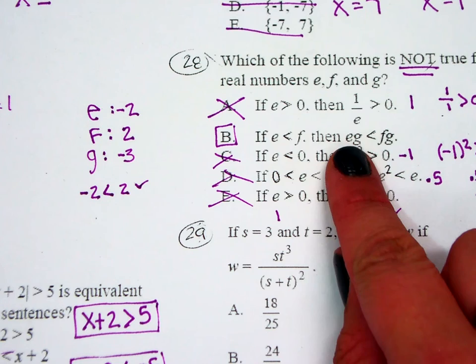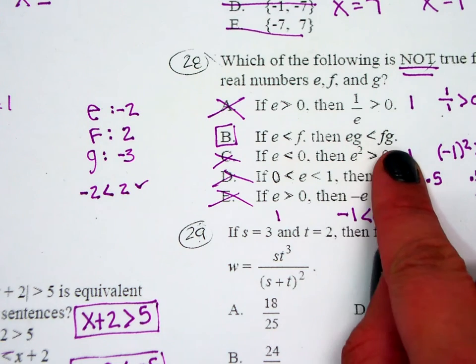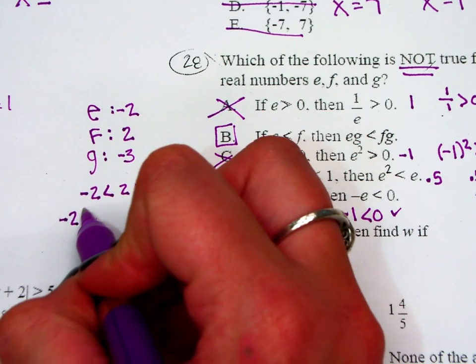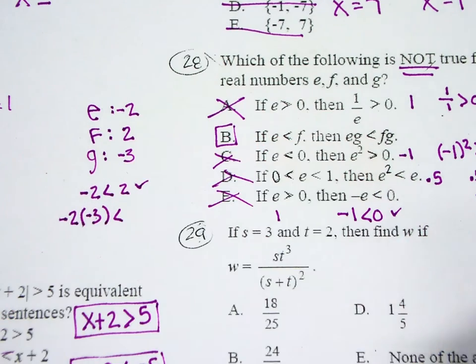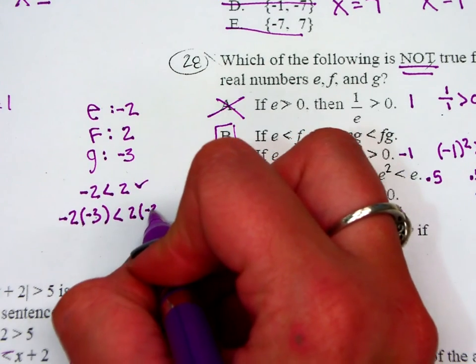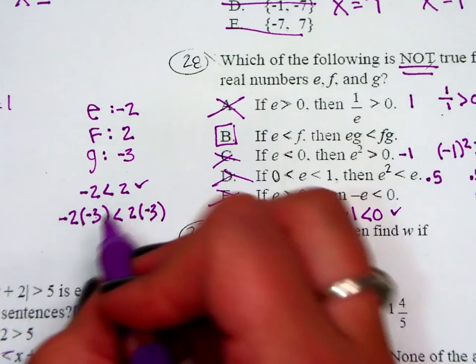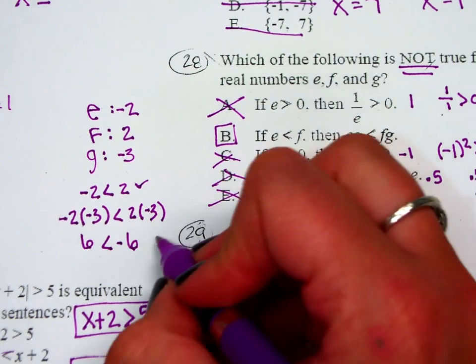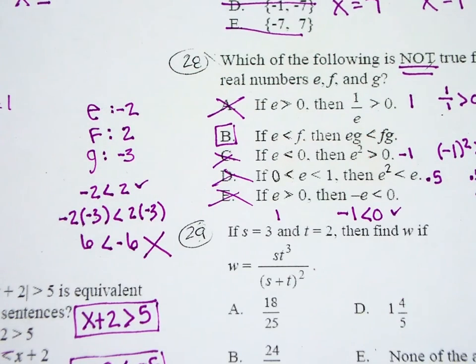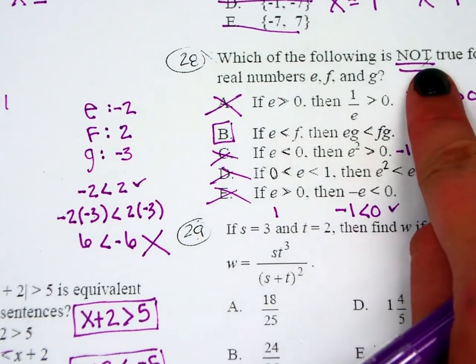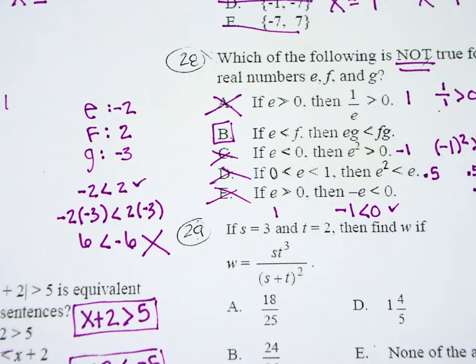However, then E times G has to be less than F times G. So E times G would be negative 2 times negative 3, which has to be less than F times G, which is 2 times negative 3. When I plug that in, I get positive 6 is less than negative 6. And that is not true. And that's why B is the correct answer. That is incorrect. Because we're looking for which one is not true.